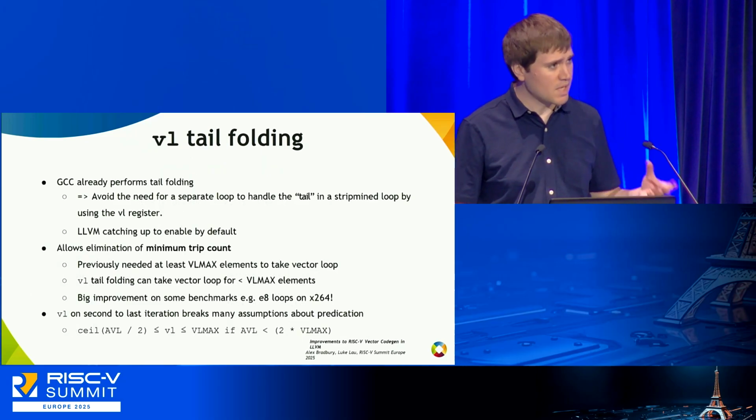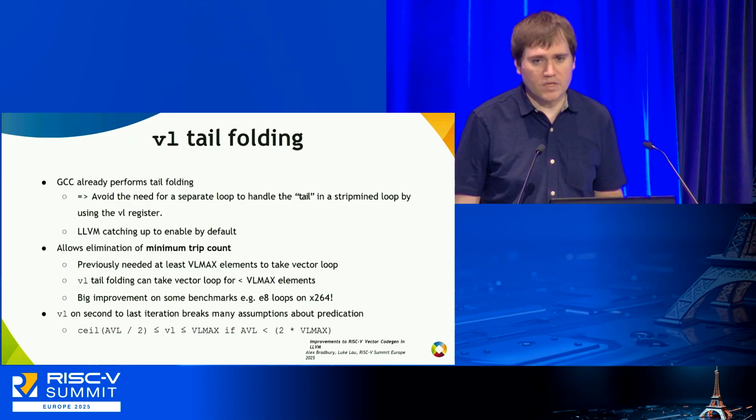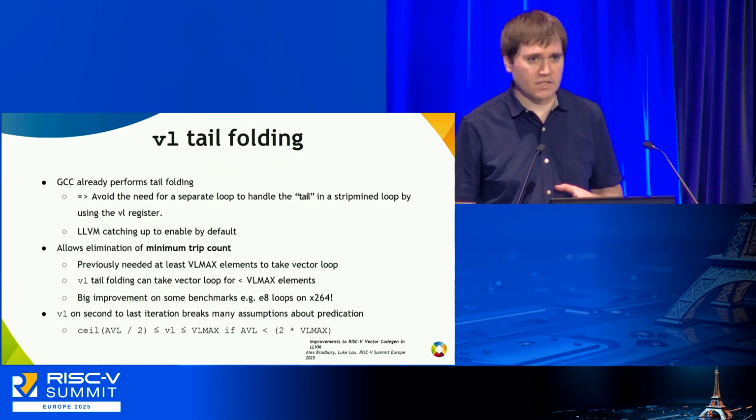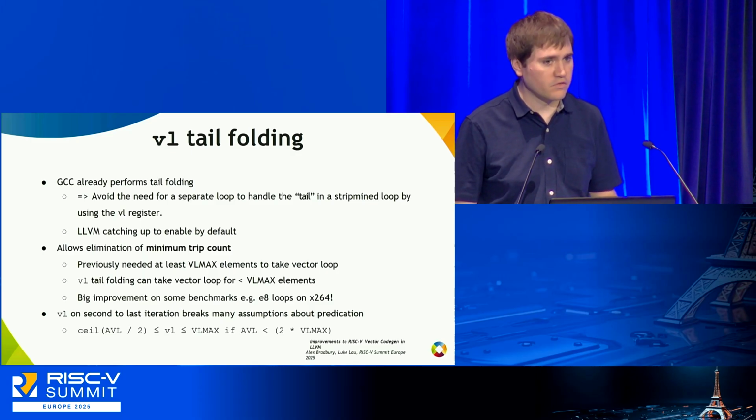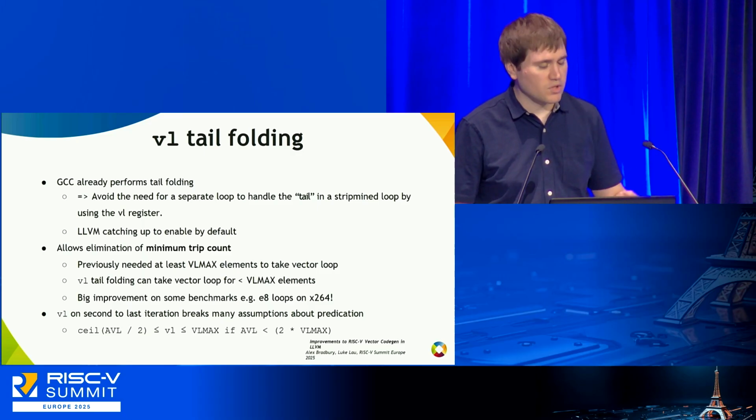And it's similar, but maybe a little bit more involved for what we call VL tail folding. We're now talking about LLVM's loop vectorizer. So imagine you have a loop, you're going through some number of input elements. You typically handle that when you vectorize it by strip mining it, or you might look at it as chunking it.